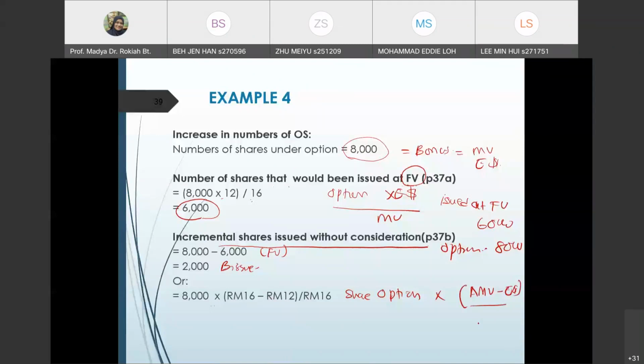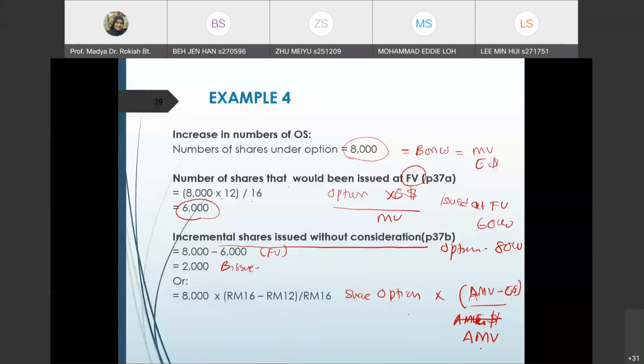We are using the average market value. Then we find this is 2,000, the same thing. So this 2,000 is the shares without consideration, the bonus element.